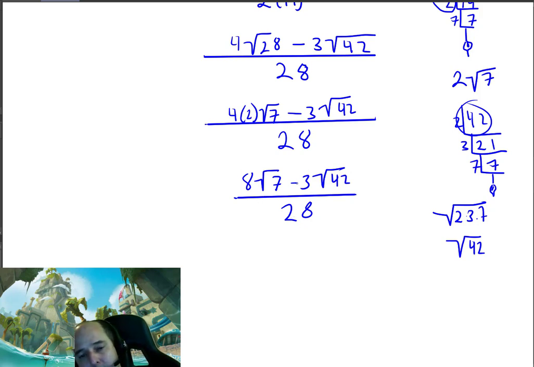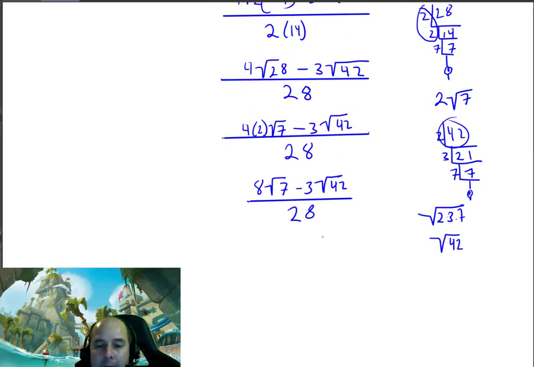And the answer is no. There's not. 8, 3, negative 3, and 28. There's nothing I could take out of all of those. So unfortunately, that is the ugly, ugly, ugly answer. That is the correct answer for this problem, which happens to be problem number 7.